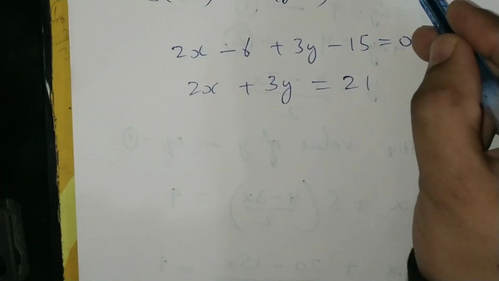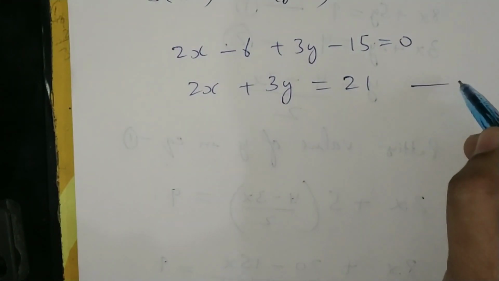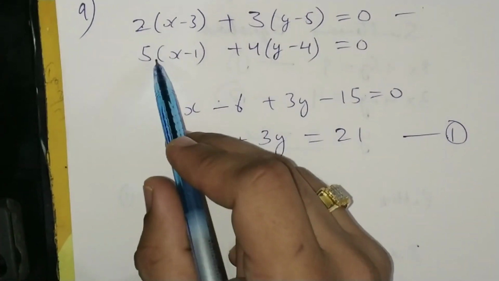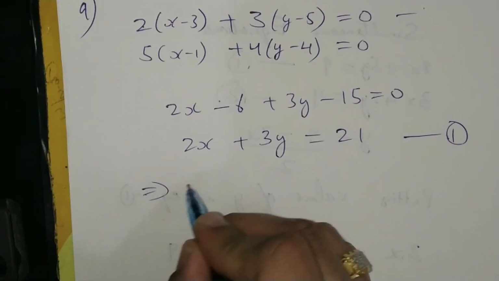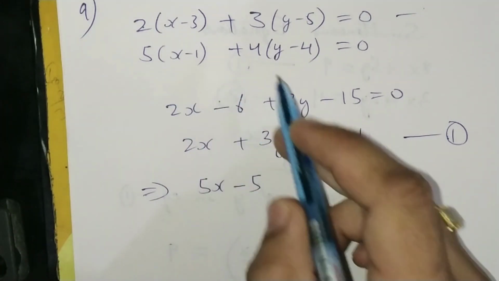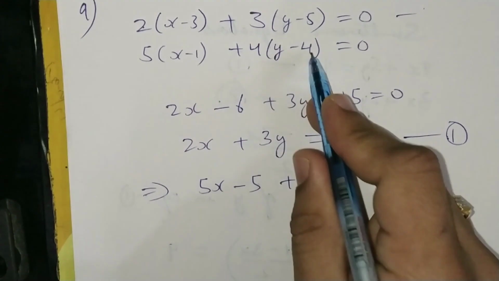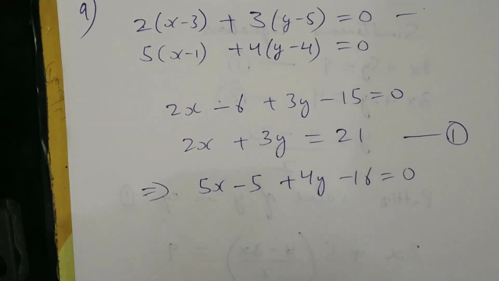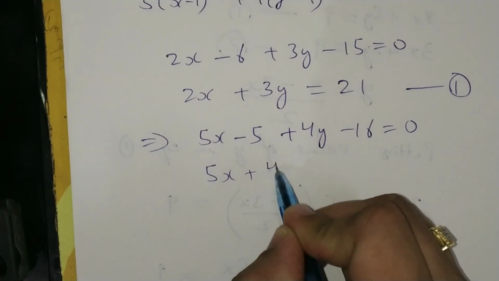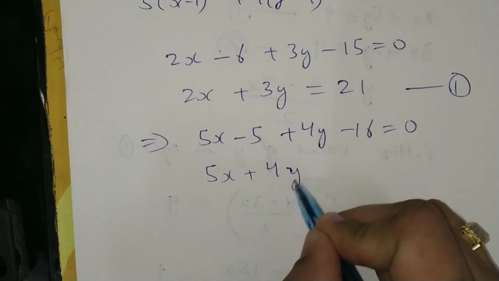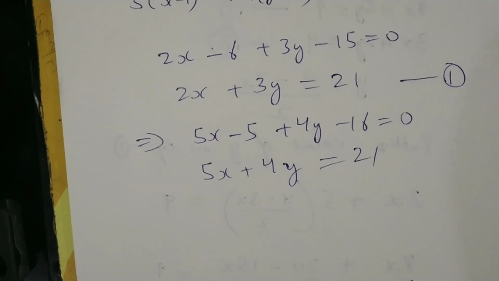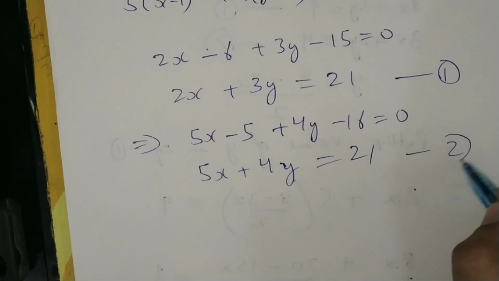Take it as equation number 1. Similarly solve this equation: 5x minus 5 plus 4y minus 16 equal to 0. So 5x plus 4y is equal to 21. Take it as equation number 2.